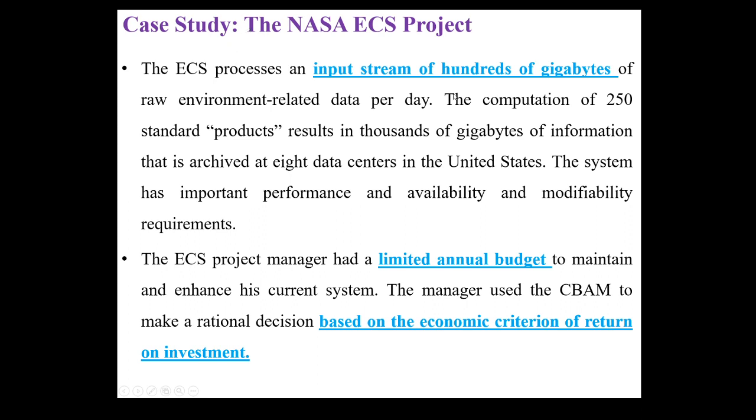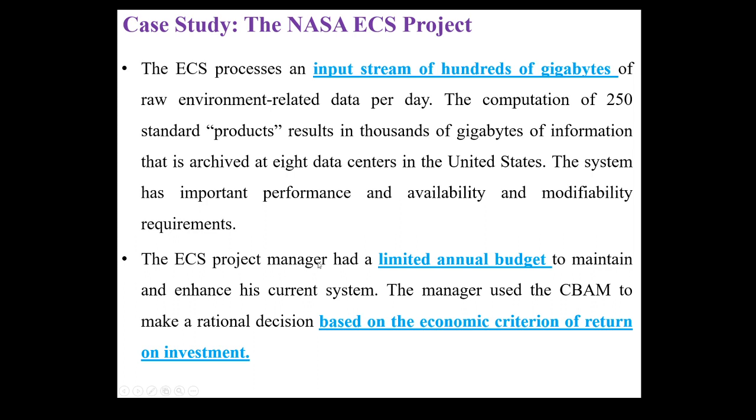Here, it processes an input stream of 100 gigabytes of raw environment related data per day. The computation of 250 standard products results in thousands of gigabytes of information archived at 8 data centers in the United States. The system has important performance, availability and modifiability requirements.